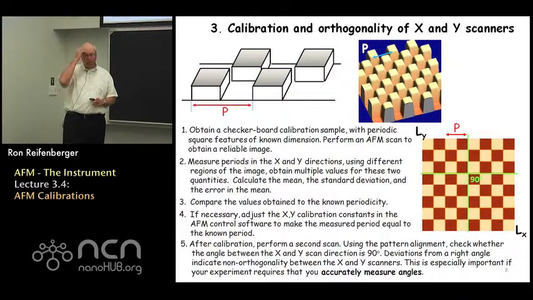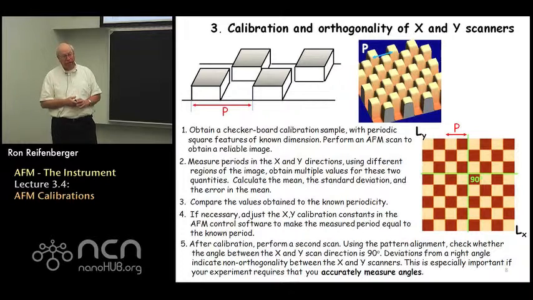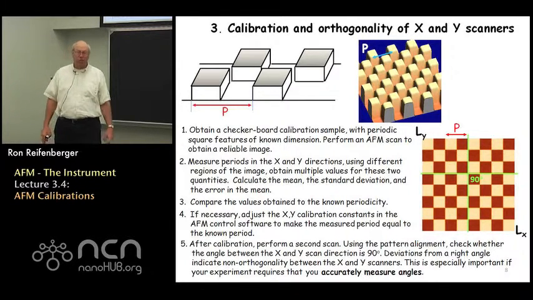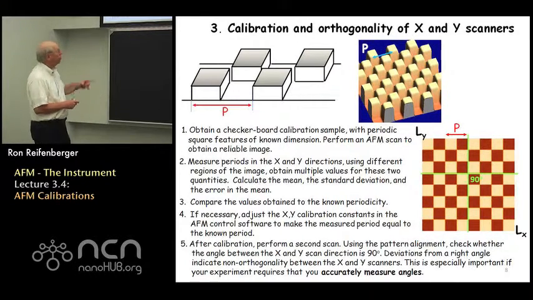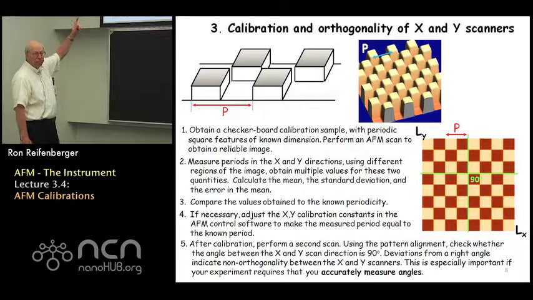The third calibration is calibration of the X and Y scanners, and this calibration is usually performed by purchasing a grid-like pattern that many companies now sell. This grid-like pattern is comprised of square plateaus.